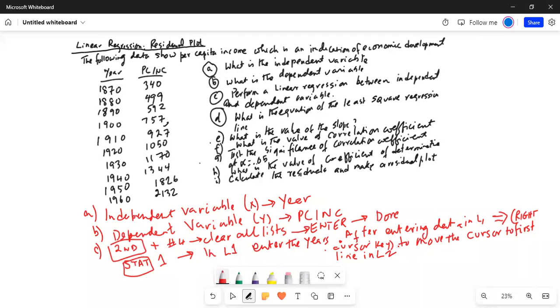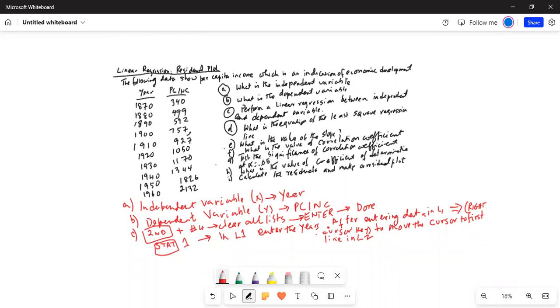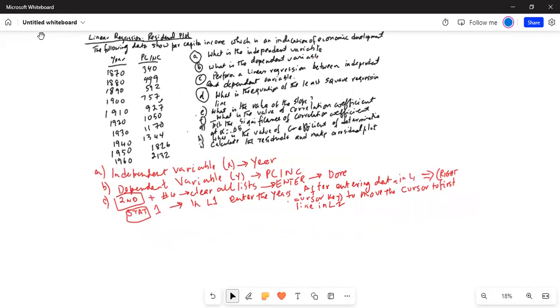Once we have entered the data in L1 and L2, now we can do a plot, okay, a scatter plot to see how good the data is. Now you can press part D. Here, zoom key. Where is the zoom key? Press zoom key.